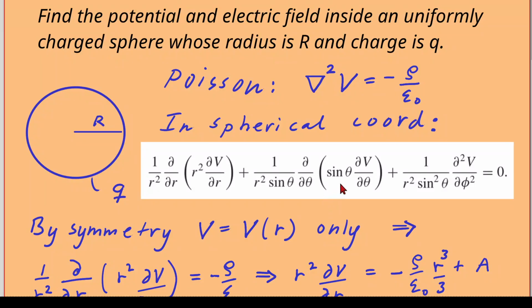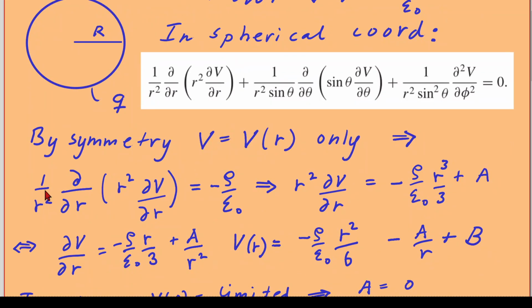By symmetry, V can only depend on the distance r. There is no angular dependence. So this term and this term disappear, and we only have that term. So the Poisson equation reads exactly like this.